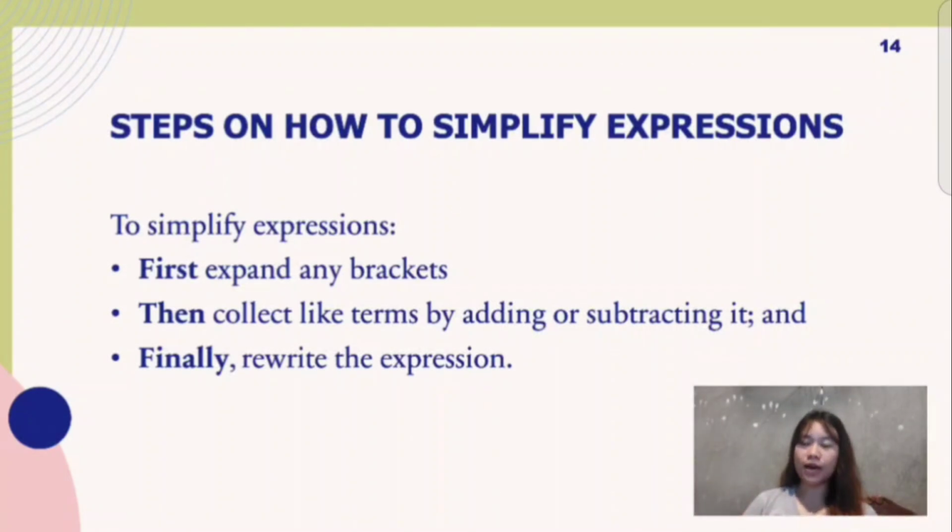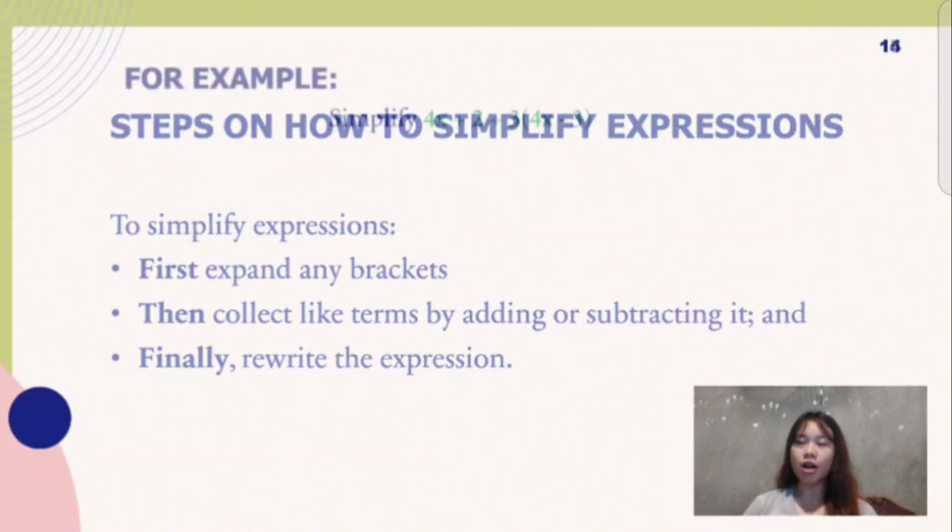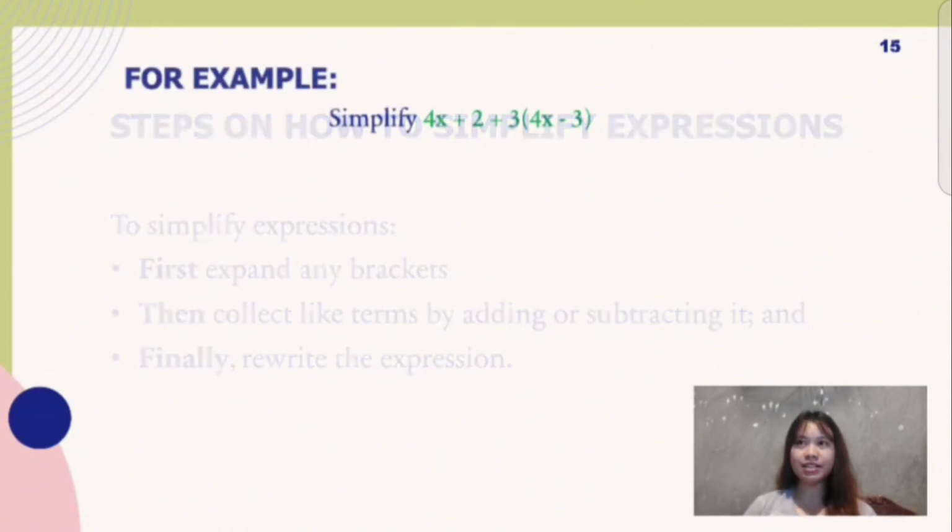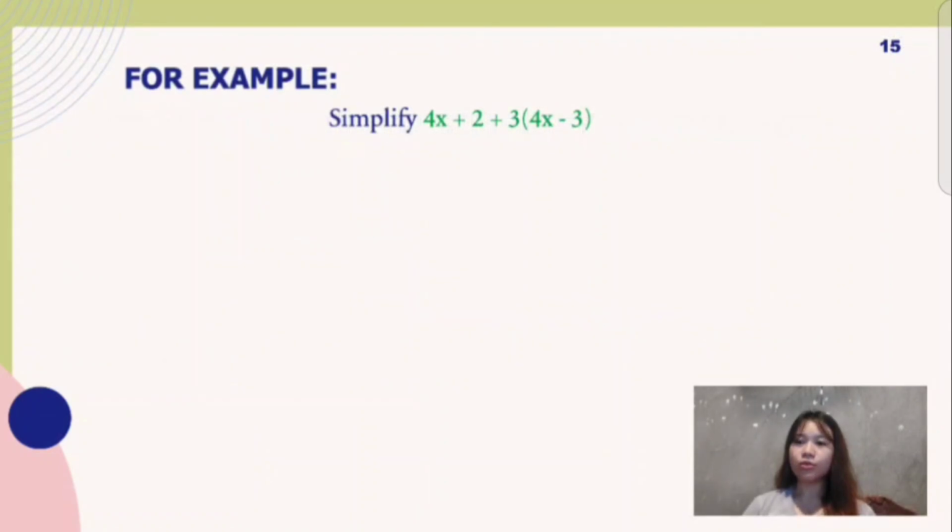So you already know about the algebraic expression, its steps, and the steps on how to simplify it. For now, see this example. We will try to simplify the expression 4x plus 2 plus 3 times 4x minus 3. This example has a bracket in it, as you can see.